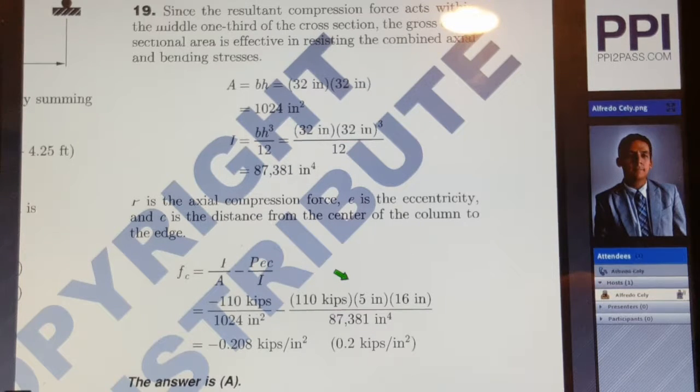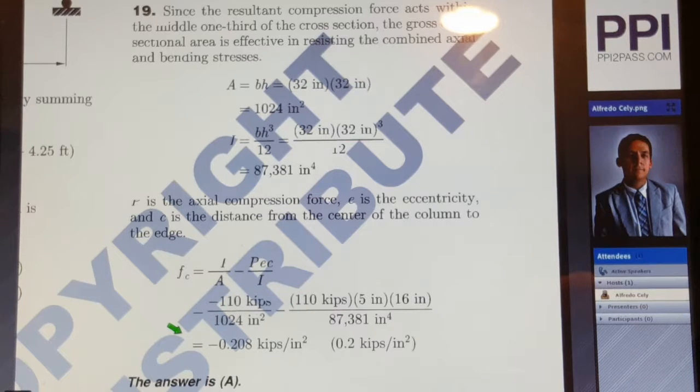So we can see that the eccentricity is 5 inches, and the distance from the center of the column to the column edge is 16 inches, because that's simply half of 32.